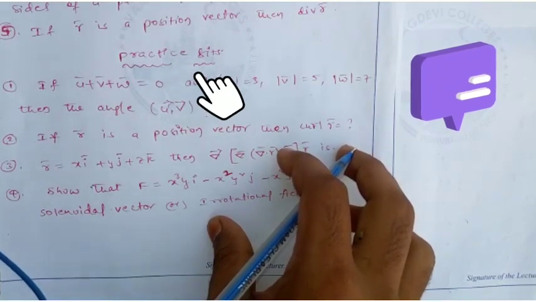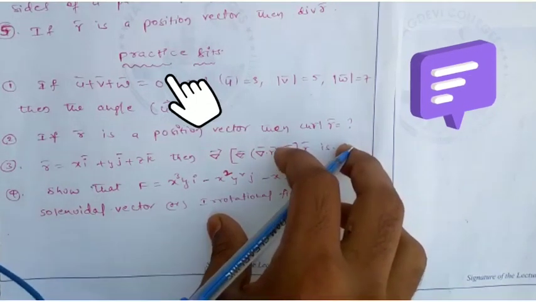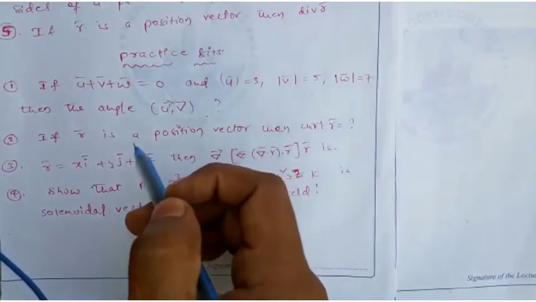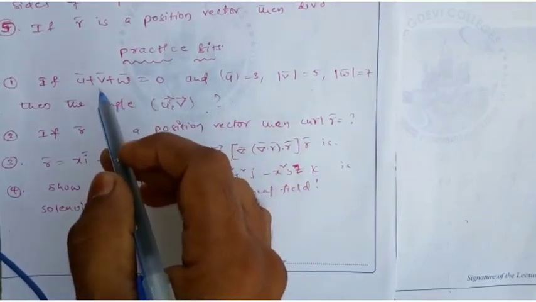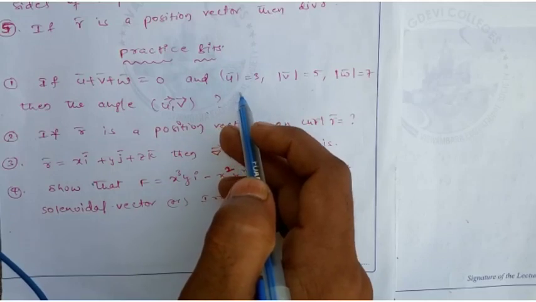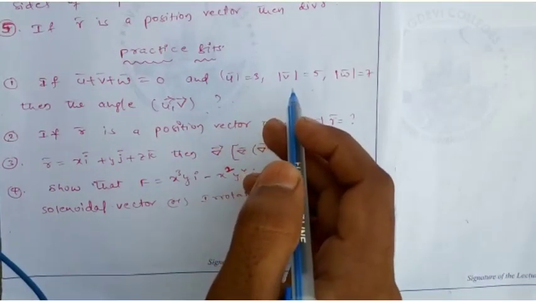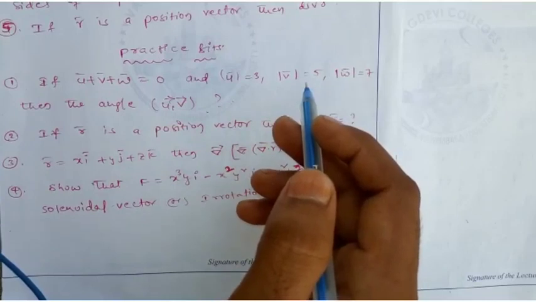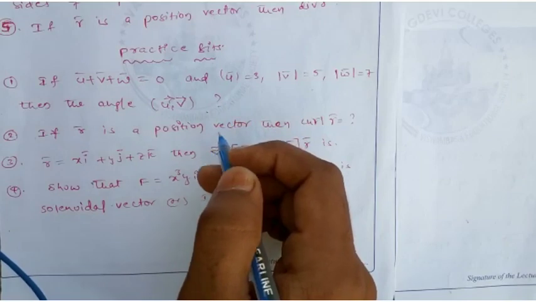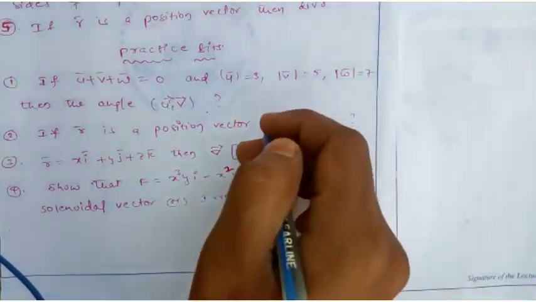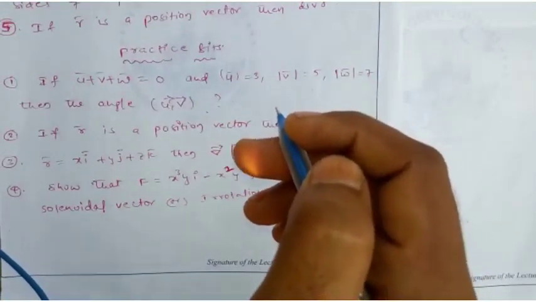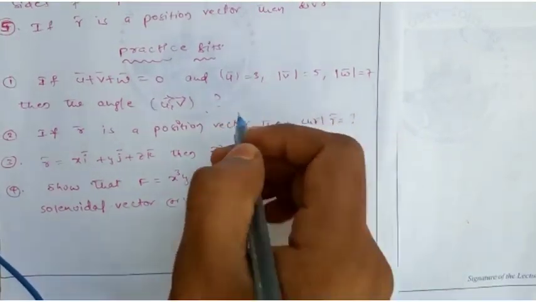Coming to the first question, here I am giving some hints so you can easily do it. If u bar plus v bar plus w bar is equal to 0, and modulus of u is equal to 3, modulus of v is equal to 5, and modulus of w is equal to 7, then find the angle between u and v. So here you can apply the resultant of two vectors formula.